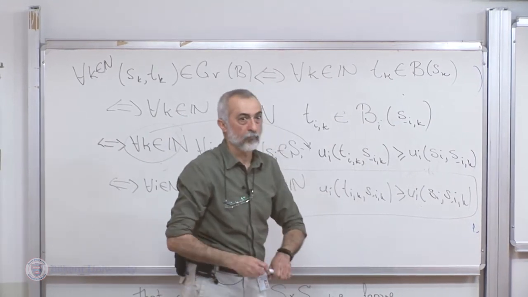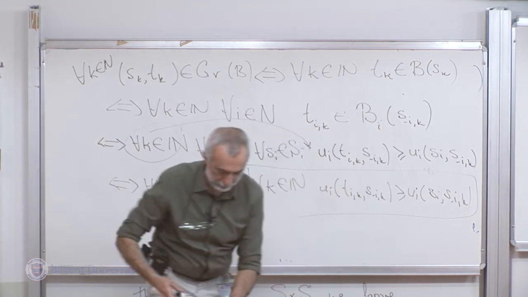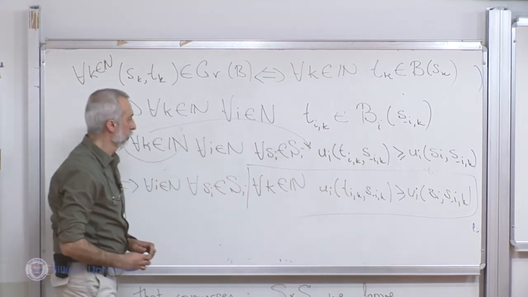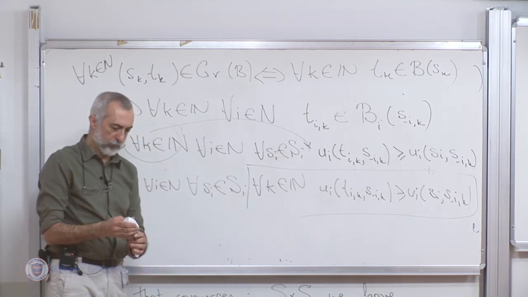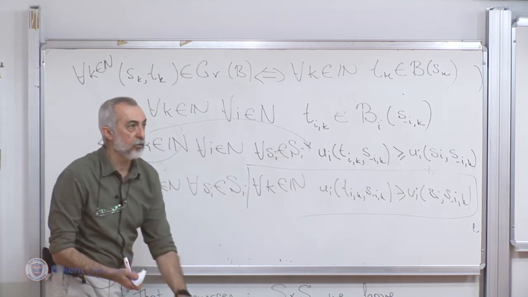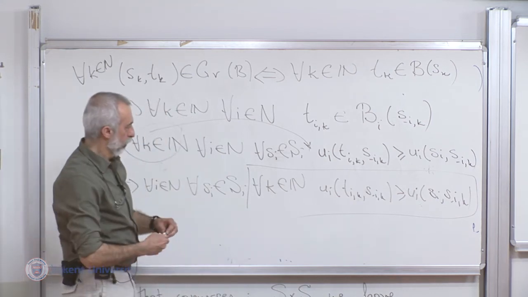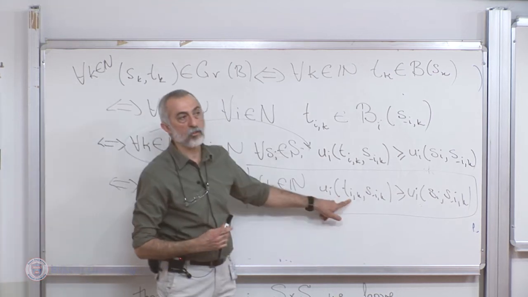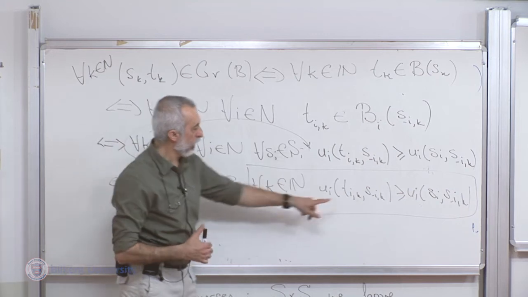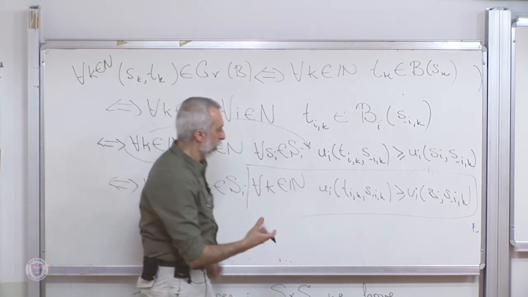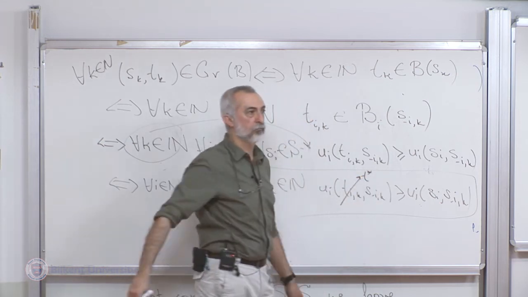So the next step is, as your friend said, take the limit, right? Well, we know that Ui is continuous in Si, the ith component. So as k goes to infinity, this approaches Ti star.